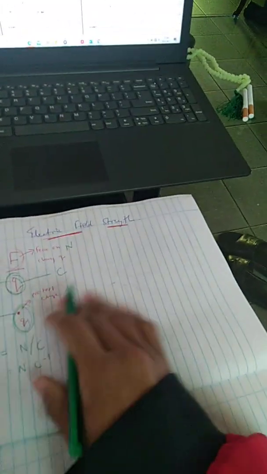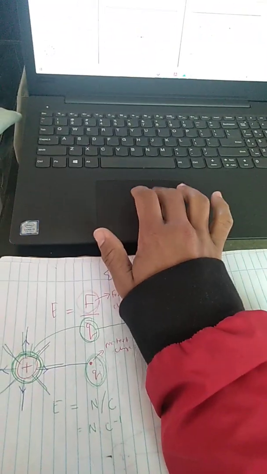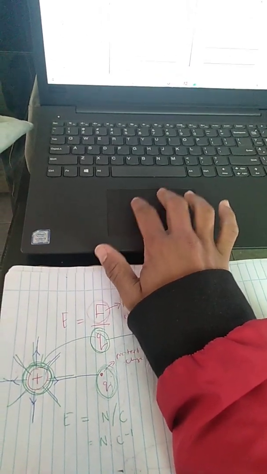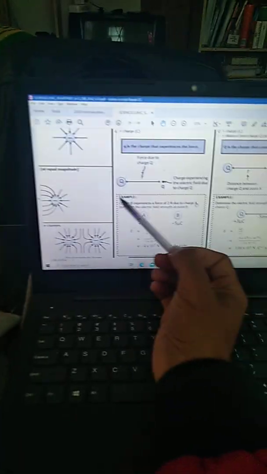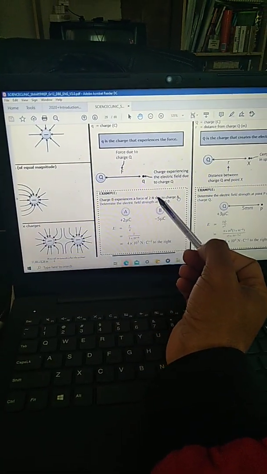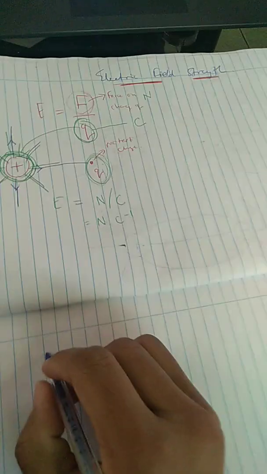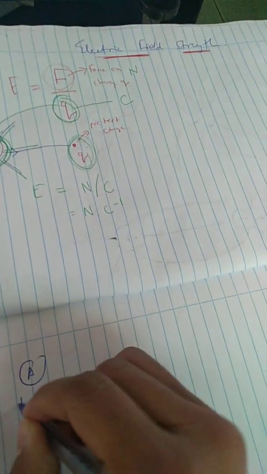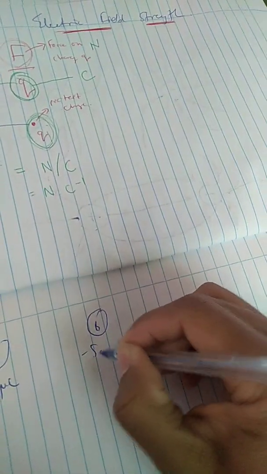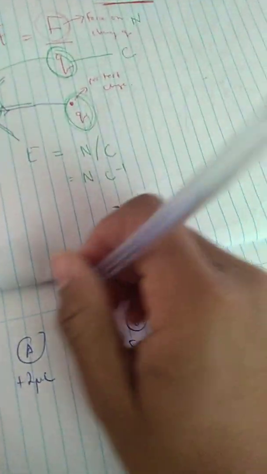Then in the second, let's do an example of this quickly. Here they say that charge B experiences a force of 2 newtons due to charge A. You have A of positive 2 microcoulombs and B of negative 5 microcoulombs.